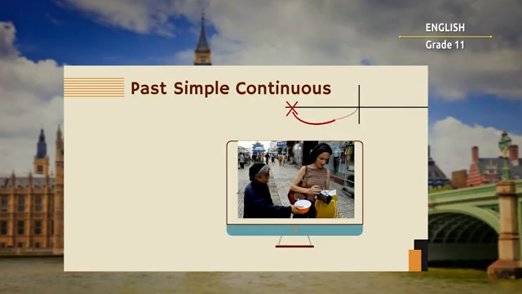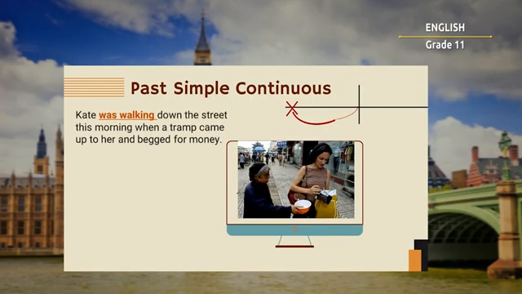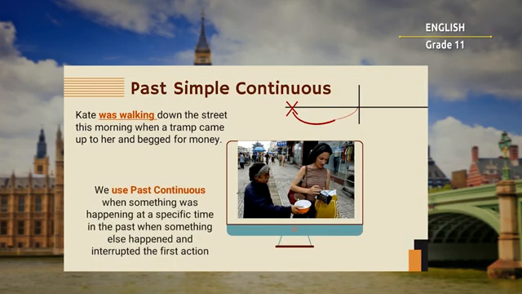The next narrative sentence here. Kate was walking down the street this morning when a tramp came up to her and begged for money. We use the past continuous when something was happening at a specific time in the past, when something else happened and interrupted the first action. The emphasis is on the duration of the activity in the past.